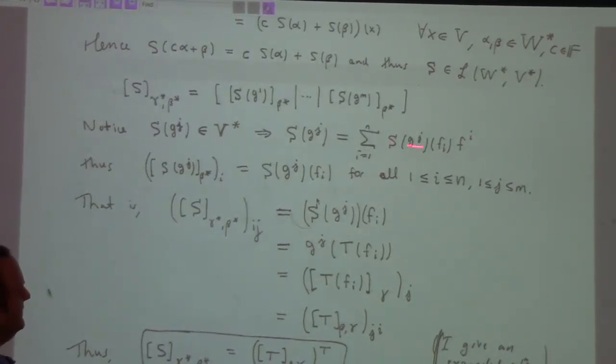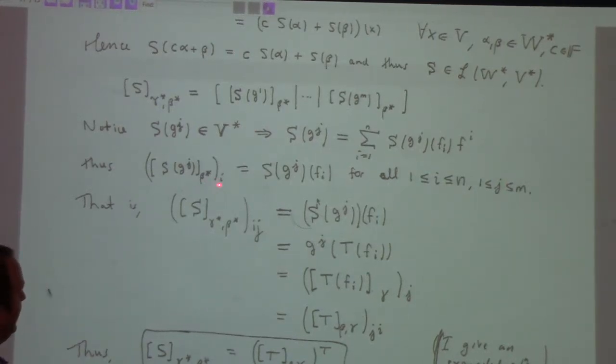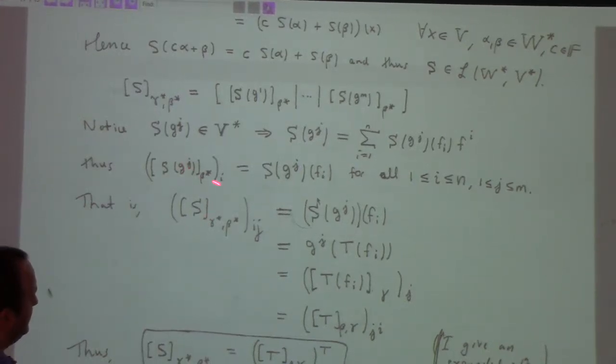So that's an expression to expand S. This expression tells me that the ith component of this is S of g_j f_i. And so this tells me that the ij-th component of this matrix, the ith row and the jth column, is equal to exactly what we have up here.